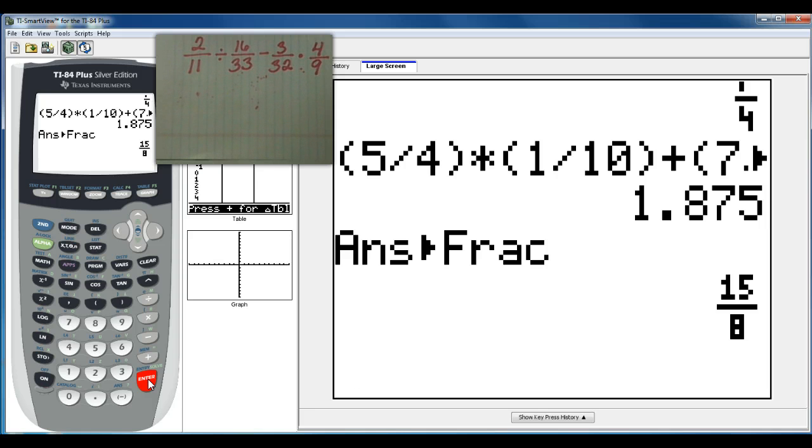For this problem right here, again, you could put in all of the fractions straight across, and you won't have a problem. If you're using a TI-83, again, or without an upgrade, you would use parentheses around each one of those fractions. If I'm not, I would go to my alpha y equals menu, and I would put this in exactly like I see it. So you can work that problem on your own for a minute as I get it in my calculator.